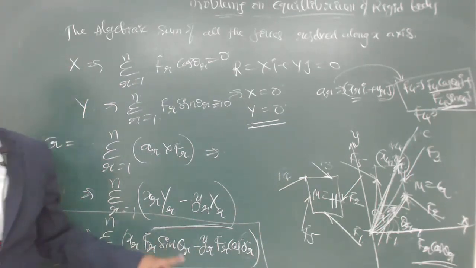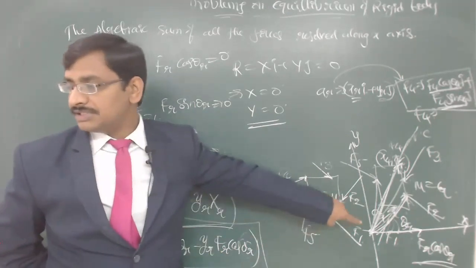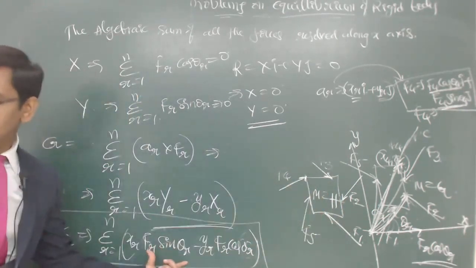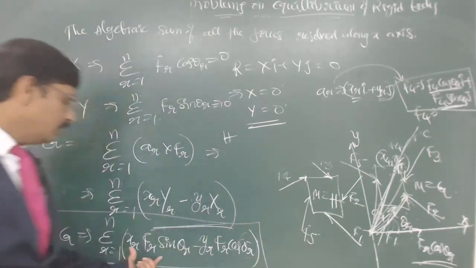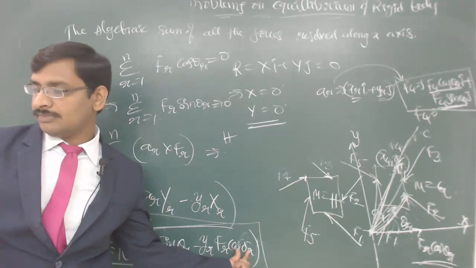Now actually, this was rotated by an angle of 90 degrees. In the second case, each theta is rotated by an angle of 90 degrees. So, in case of h, right? So h will be this value, 90 plus theta r, 90 plus theta r. Got it?